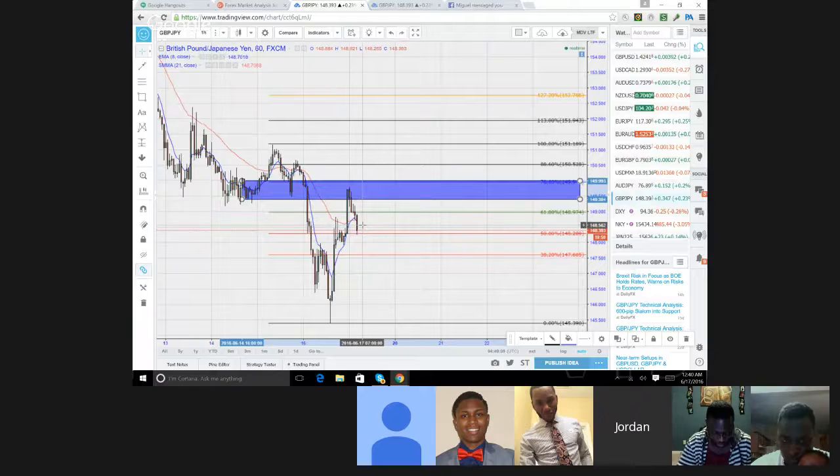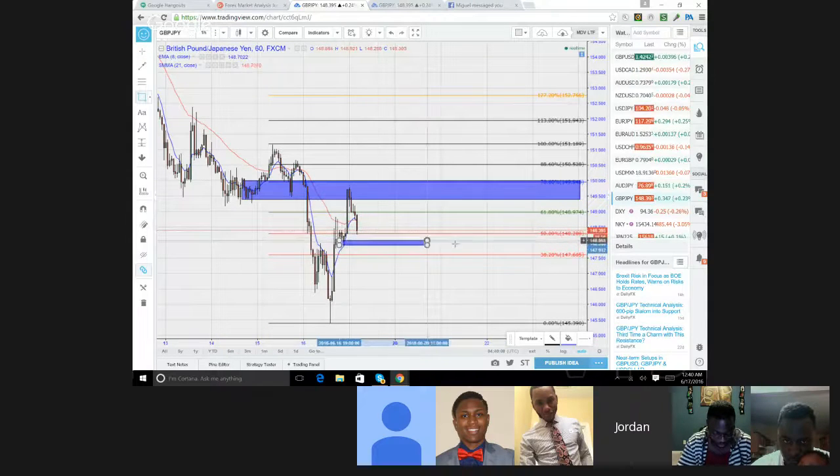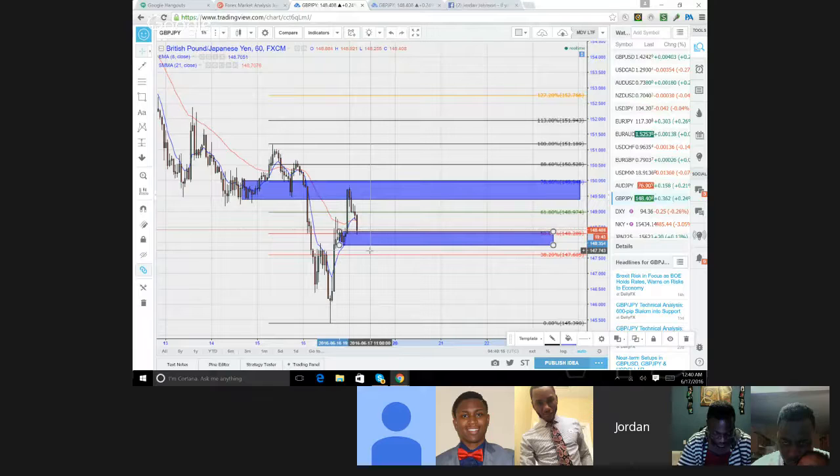I will look for either price to rise back up into structure and get short, or just like Aussie yen, we're approaching another structure level right here. So we'll see if we can get a break and close beneath this structure level, and then I'll look to see whether to get long or short.